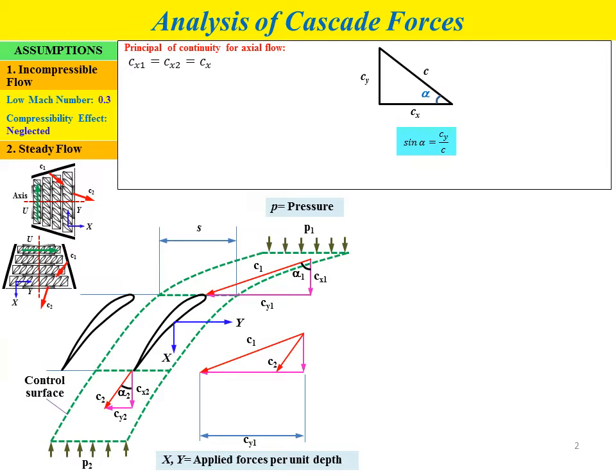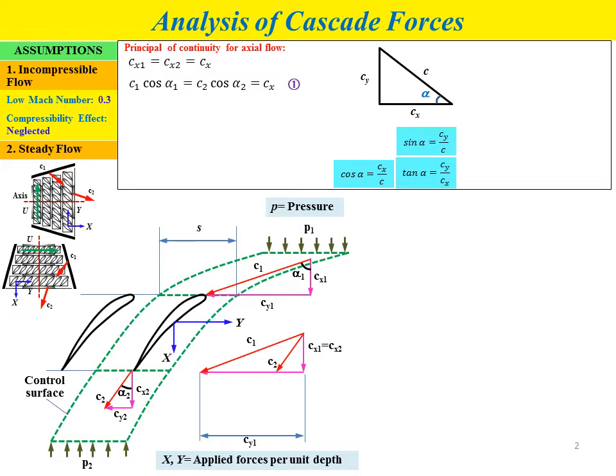So we can use the basic trigonometry equations: sin alpha equals Cy divided by C, cos alpha equals Cx divided by C, tangent alpha equals Cy divided by Cx. So from the continuity equation, we get Cx equal to C1 cos alpha 1 after we implement the trigonometry equation, and Cx2 equal to C2 cos alpha 2 equal to Cx. So this is our first equation.